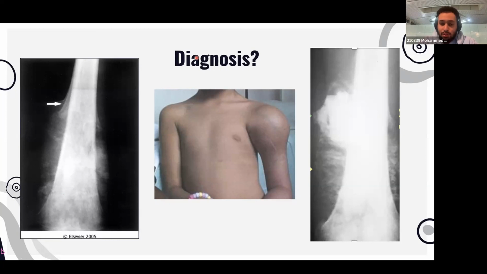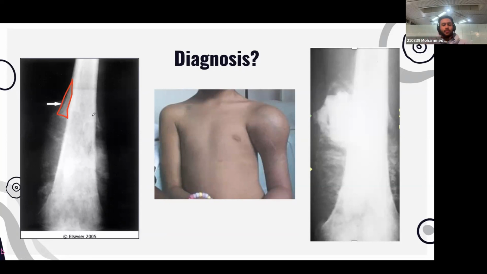Now, for you guys, firstly, very important are these two images and what they are. There is this one, and then there's one other bone tumor that's very high yield to know what these signs are. So can someone tell me what this sign is? Codman's triangle. Perfect.